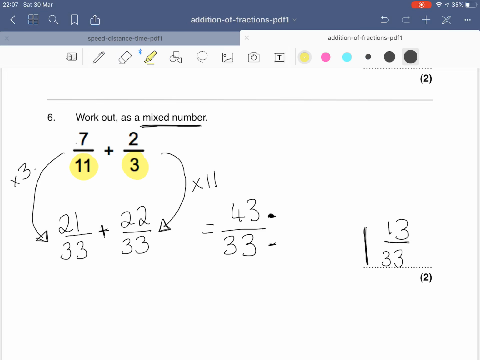No, there won't. There will be 10 left over. I forgot about the 3. So once you take 33 away from 43, which is 10, that will be the remainder.